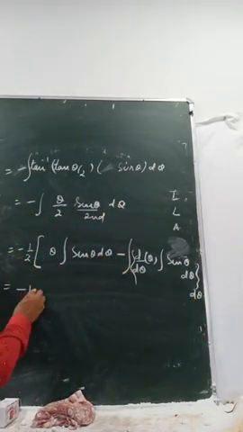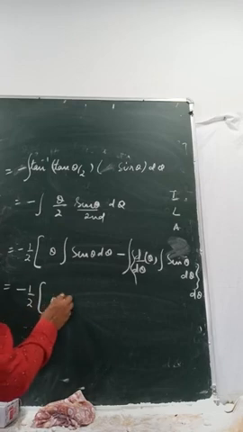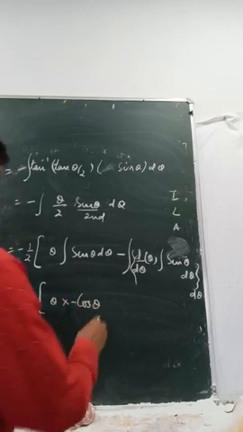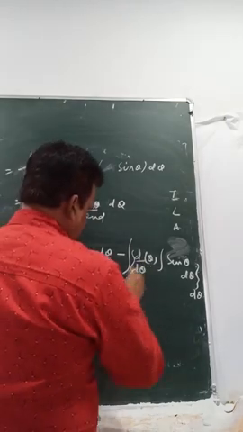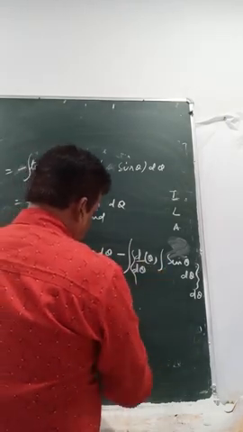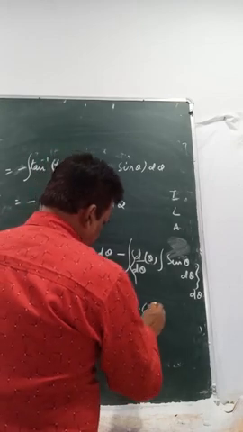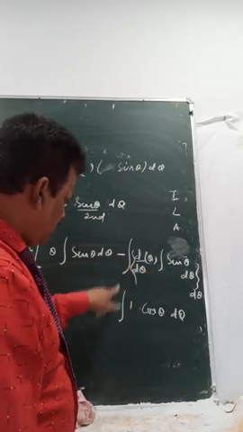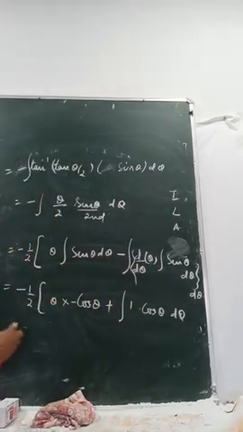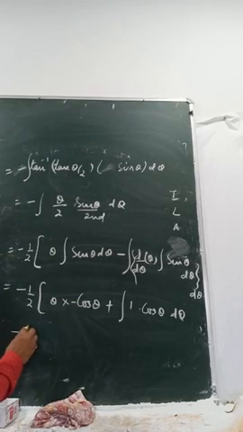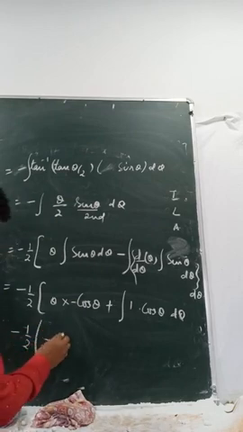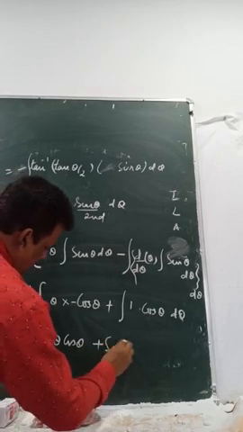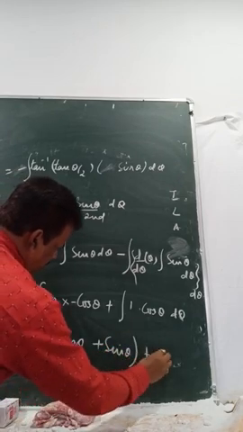So minus of theta into minus cos theta, minus, this is 1 minus, so minus minus plus cos theta d theta. Here this will be minus, again minus, so plus. So minus half, minus theta cos theta plus sin theta plus constant.